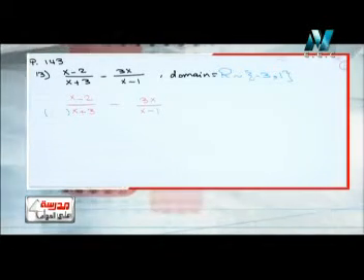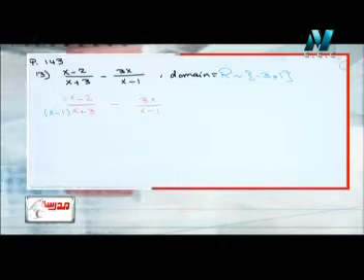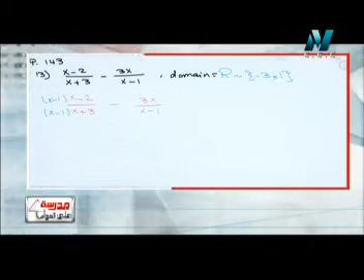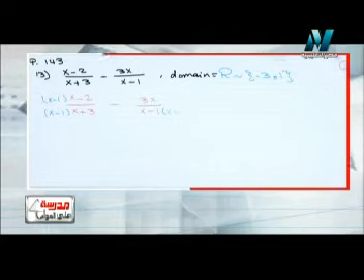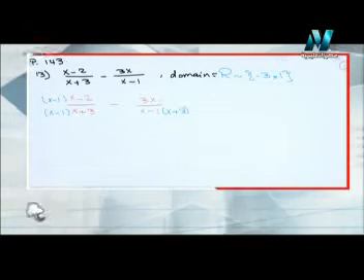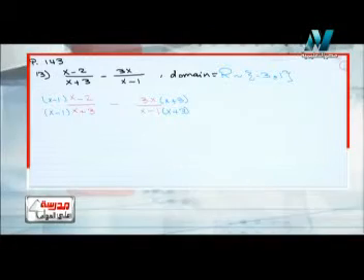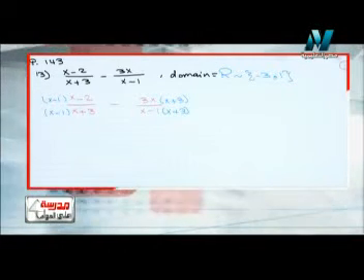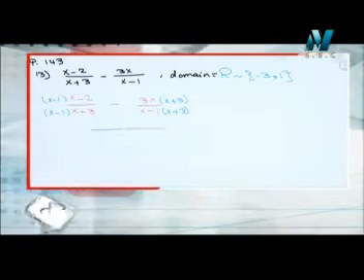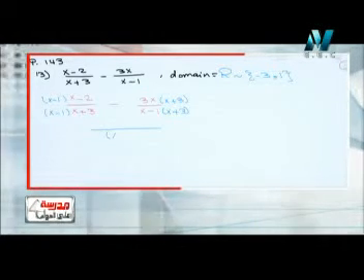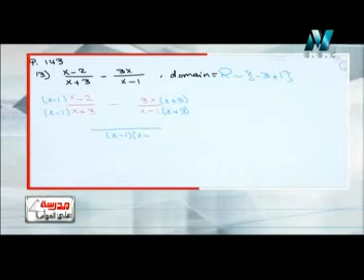So I'm going to multiply up and down by x minus 1 for the first fraction, and up and down by x plus 3 for the second fraction. Now I have a common denominator, which is x minus 1 times x plus 3.